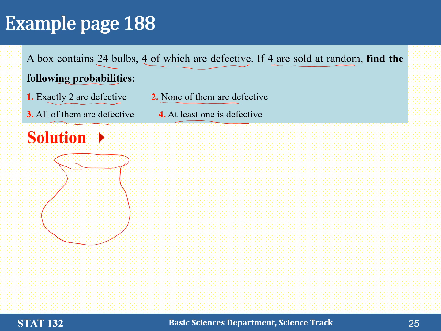Now we have, again, a box or bag. Okay, we can take it as a bag. So there are 24 bulbs, 4 of them are defective. So there are 2 types here. There are 4 defective bulbs, and you can say 20 good bulbs.